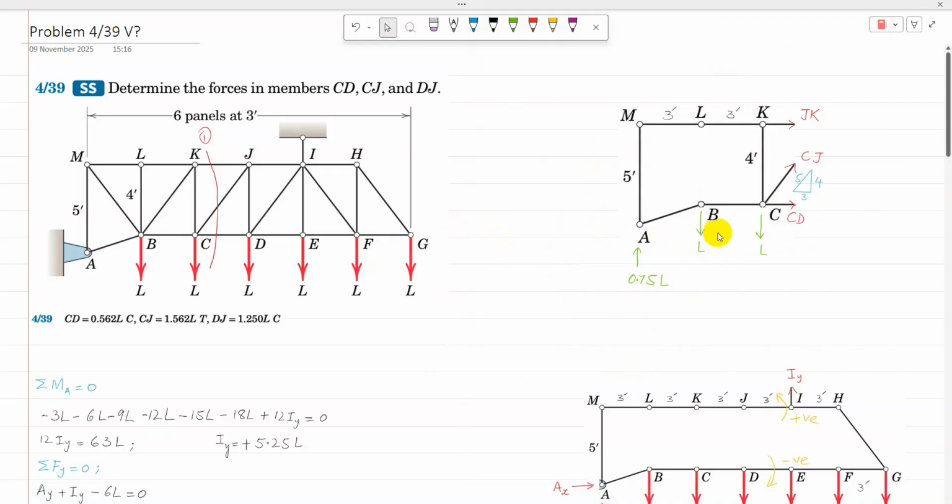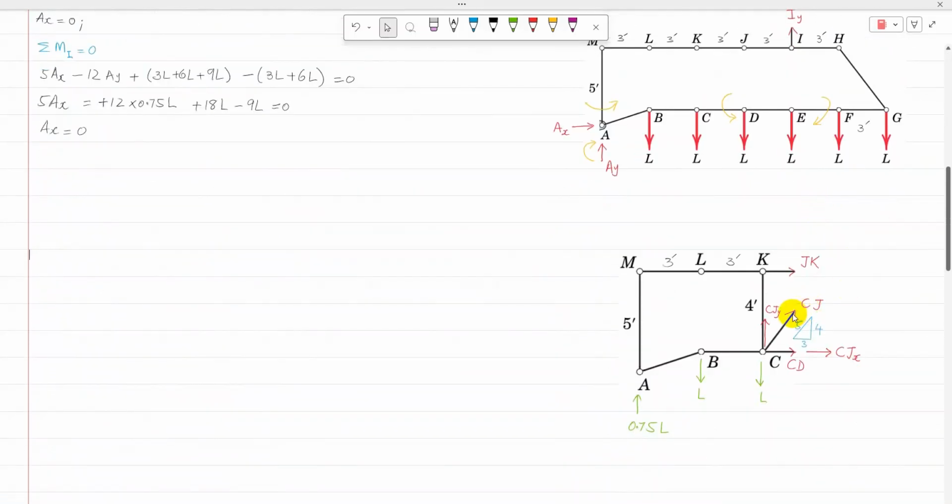Before applying them, I need to resolve CJ into its components using that small triangle. CJx acts towards the positive x-axis, so it is positive, and CJy acts upward along the positive y-axis.